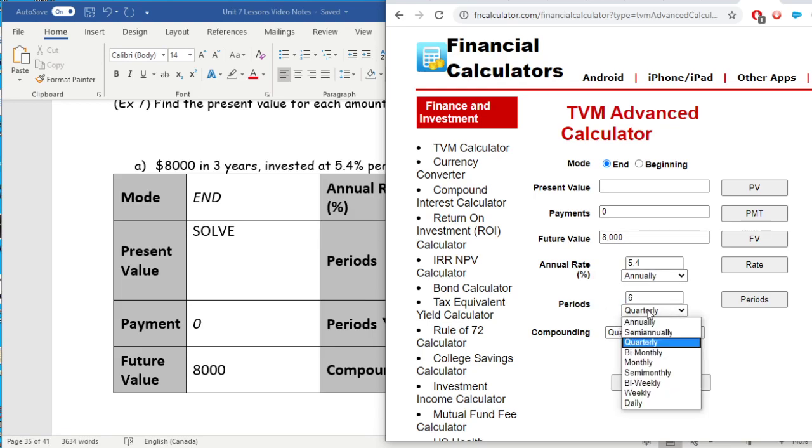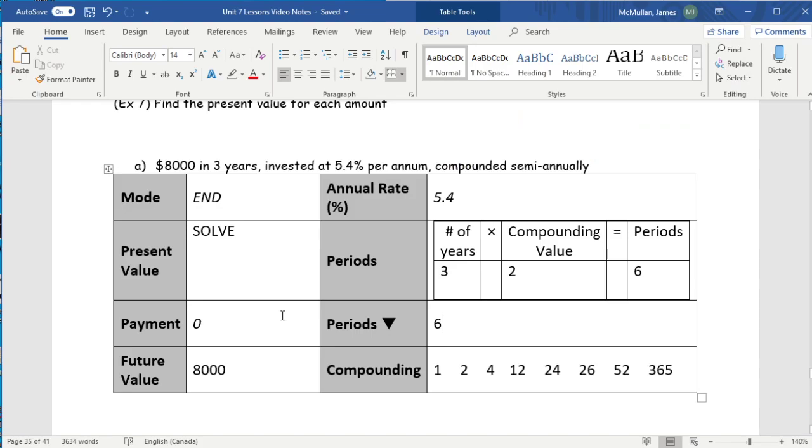Periods is 6, which is semi-annually, and the compounding is also semi-annually. Okay? I'm curious. I want to just test something actually. If I change this, does it? Yeah, it does. Okay, so I don't want to do that. Yeah, okay. So this one. What does this mean? 6,818.16.